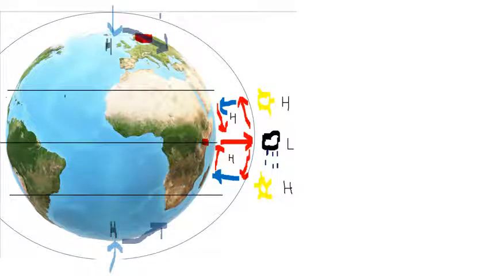So more air becomes drawn in to the poles to replace that sinking air, and this gives us the start of the circulation cell. So this is the start of the polar cell that we can see here.